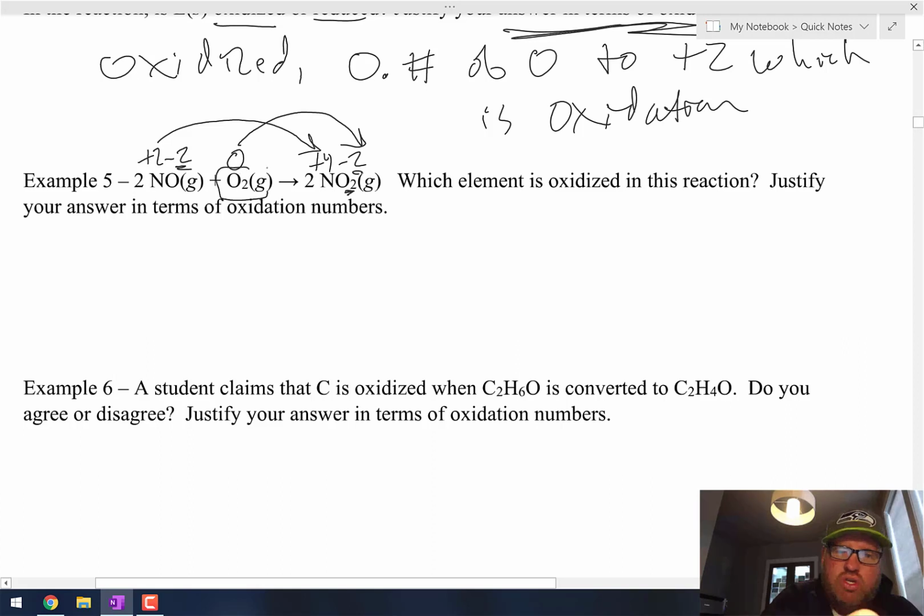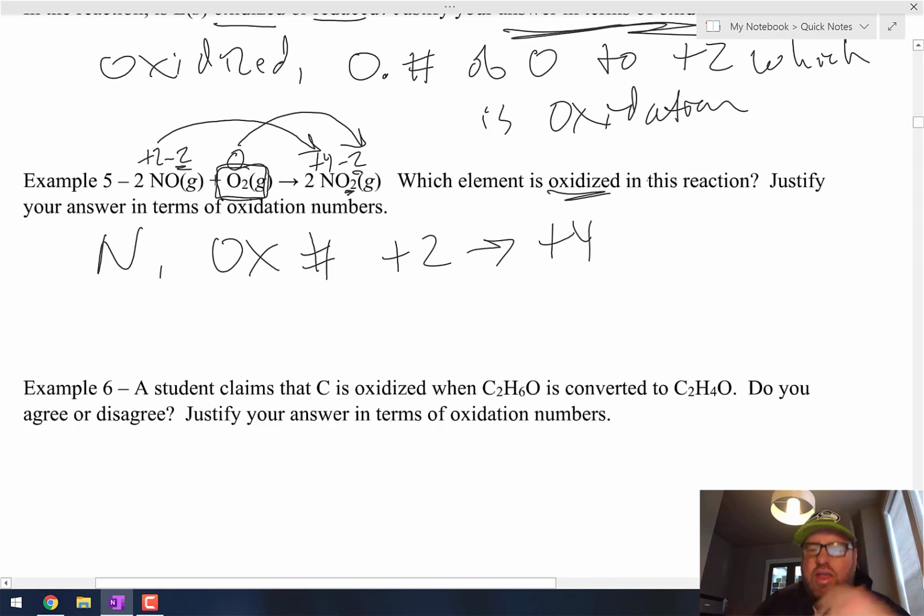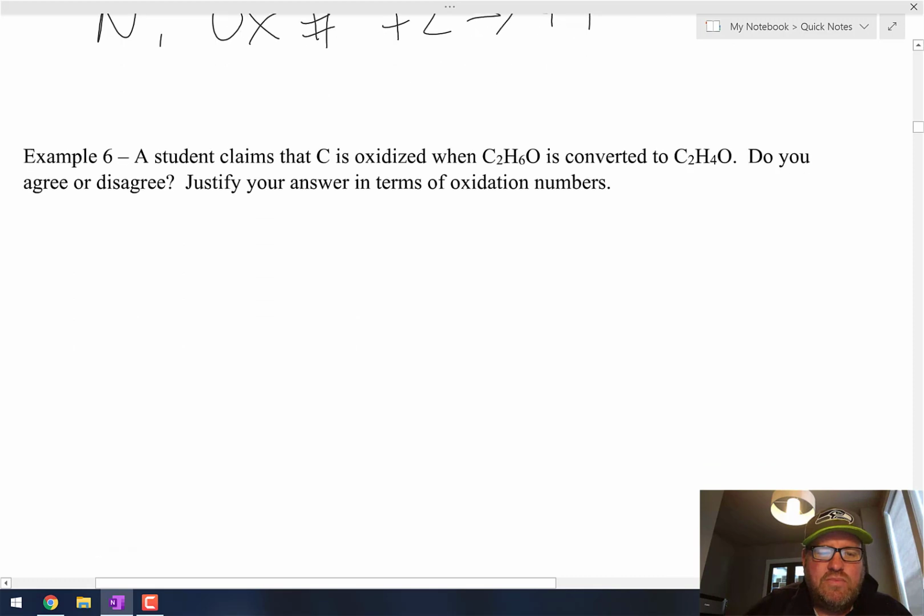So the O2 is being reduced. So therefore, which element is being oxidized? Nitrogen. And then again, how would you justify that? Because the oxidation number is going from +2 to +4, and that is losing electrons.